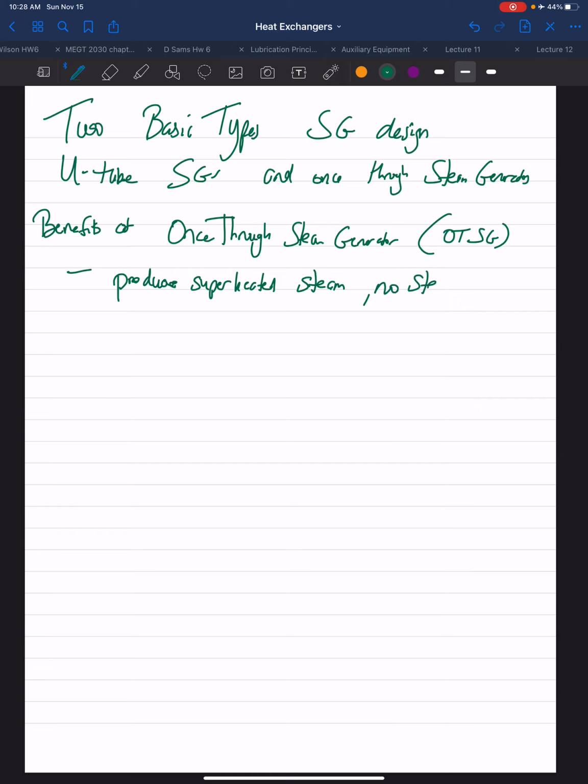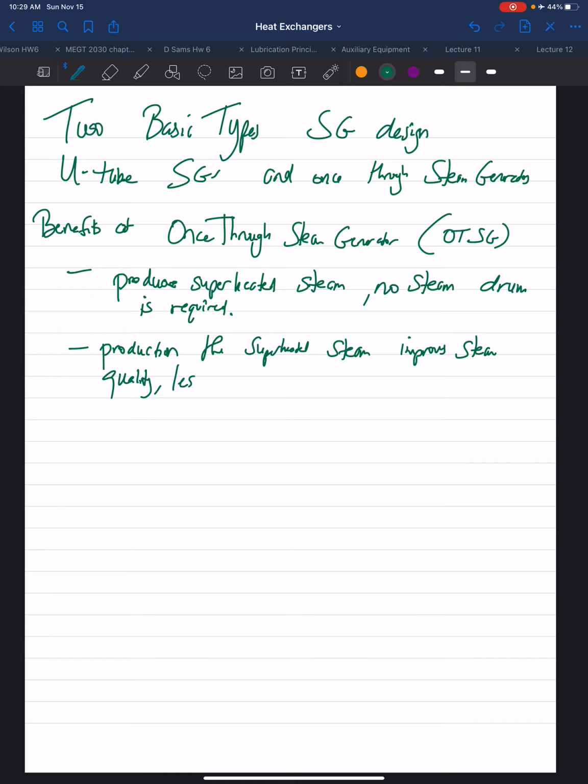So no steam drum is required. Production of the superheated steam improves steam quality, which lessens corrosion in the turbines.